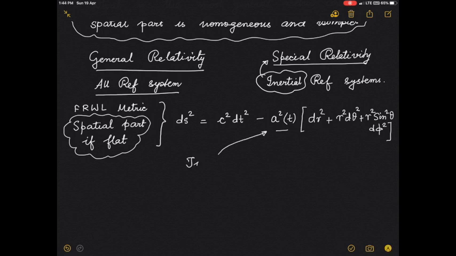So what does this a squared of t do? First of all, you realize that this is a time dependent factor. Secondly, what it does is it scales the spatial distances.